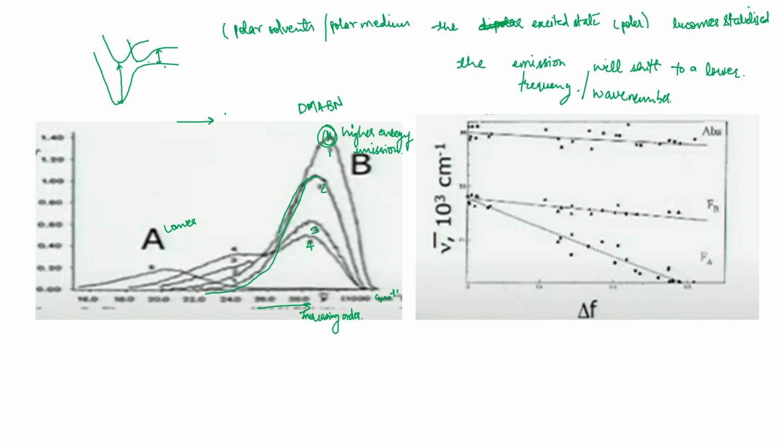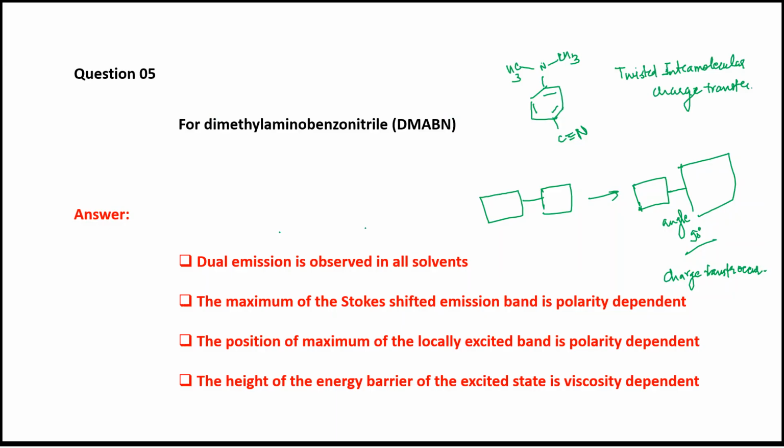In the second case, as the polarity is increased, you notice that it goes like this. Further, in the case of 3, as the polarity is increased, it goes like this, while in the most polar solvent you will find two peaks. So this is how you can see the picture.